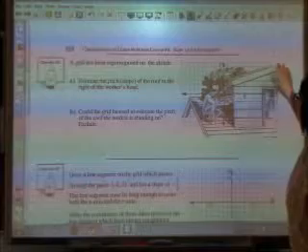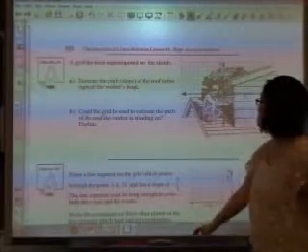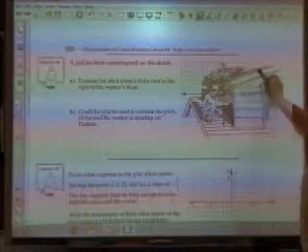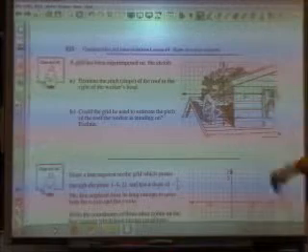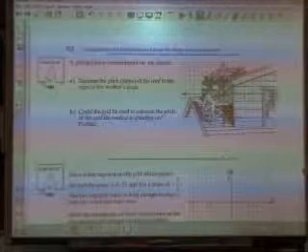Okay, a grid has been superimposed on this sketch. Estimate the pitch of the roof to the right of the worker's head. So this roof right here, the pitch. So I want to determine what the slope of this line is. So how could I do that?